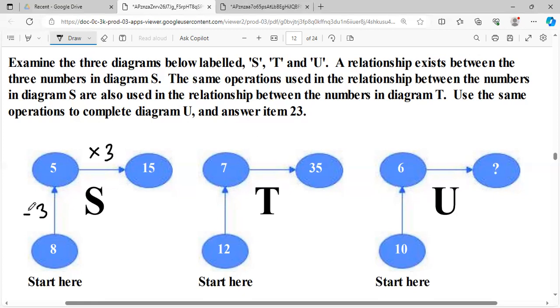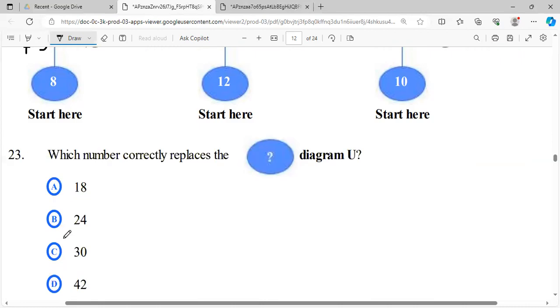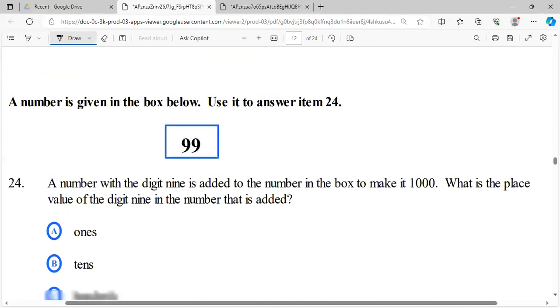So the difference would be 3. And then let me see the difference between this and 5. Let me see, 6, 7. Yeah, that is it. So we find the difference between 10 and 6, which is 4. So we times this by 4. So for this one, it should have been 24. Alright, so here we go. So the answer would be 24.